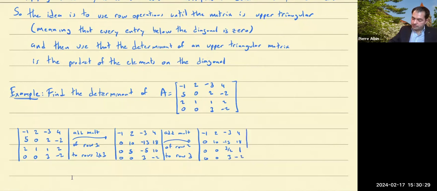And then finally, right? I'm looking for upper triangular, so I just need to make this one a 0. So I'll add a multiple of row 3 to row 4.